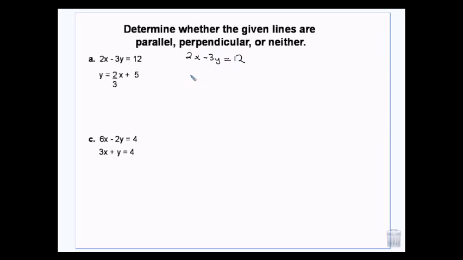I'm going to move the 2x over, which makes it negative, picking it up, moving it and changing the sign. Then I'm going to divide everything by -3. And that's going to give me y is equal to 2/3 x minus 4.